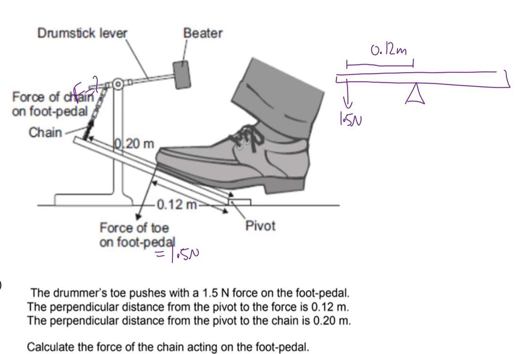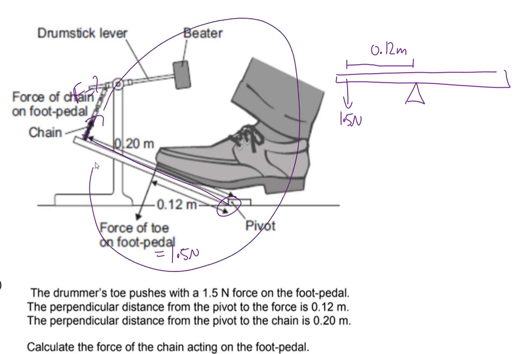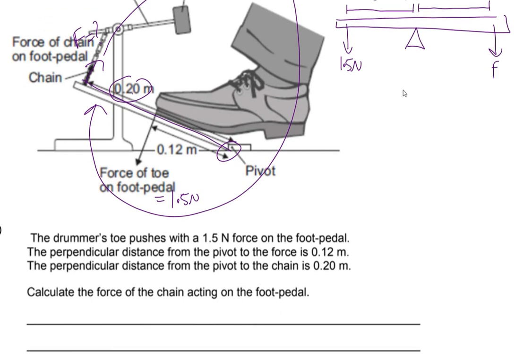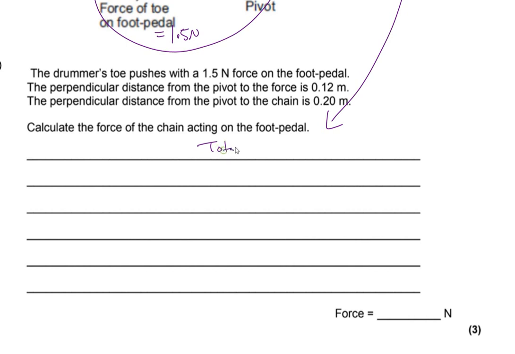And then, on the other hand, we have this force on the chain. So this is the pivot, yeah? So that's how far it is. Now, if this force here were to turn, this is clockwise. So therefore, F is going to be here, okay? And how far is it from the pivot? We know it is 0.2 meters from the pivot. Here we go. And all we have to do is bring this here. So total anti-clockwise moment equal to total clockwise moment.